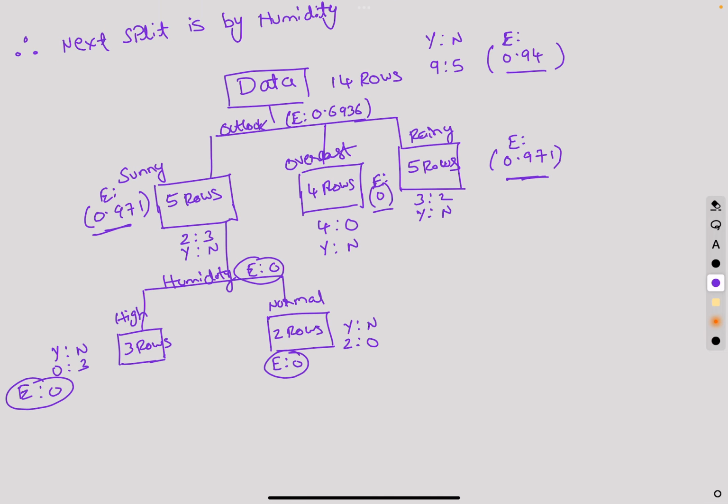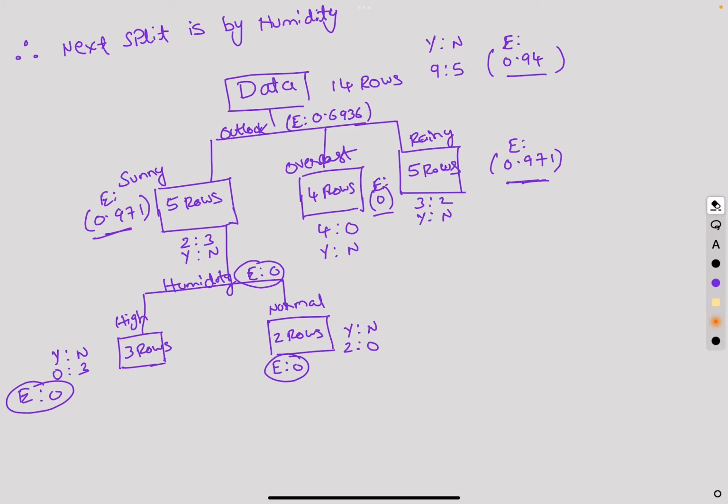And now if you have observed over here, the data, initially I had data which had 14 records, and that got divided into 3 subsets, and again this got divided into 2 subsets. So after each split, the number of records inside each subset is getting decreasing, right?